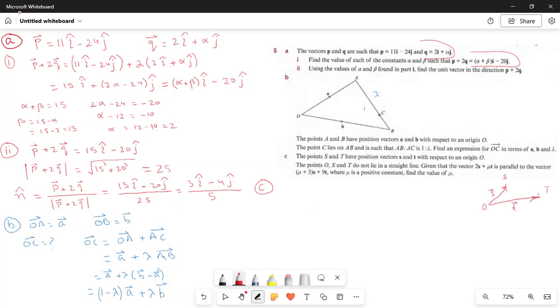The points O, S, and T do not lie in a straight line. We are doing that already.